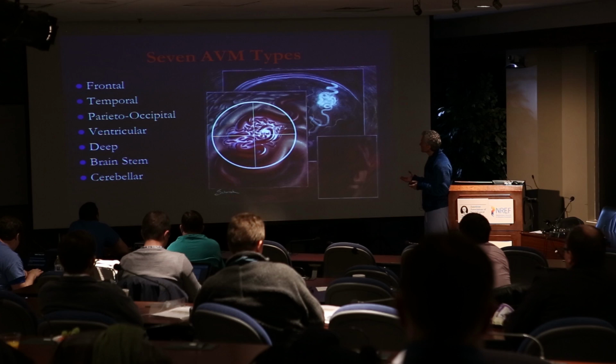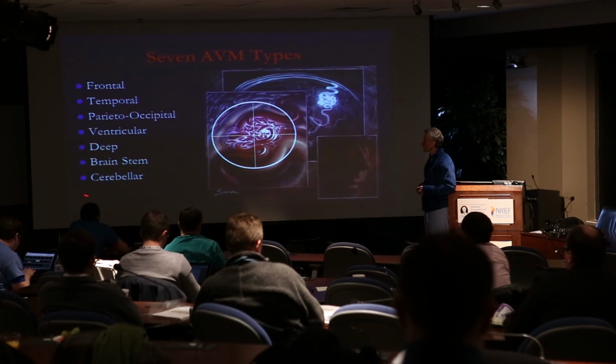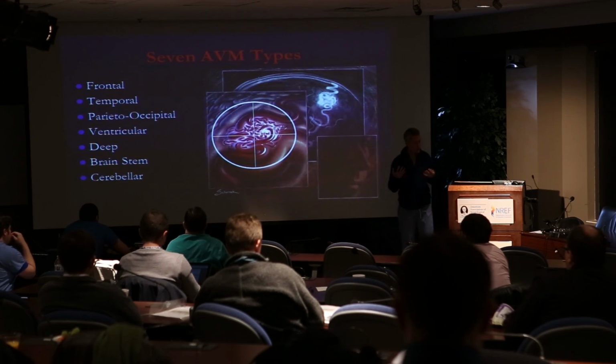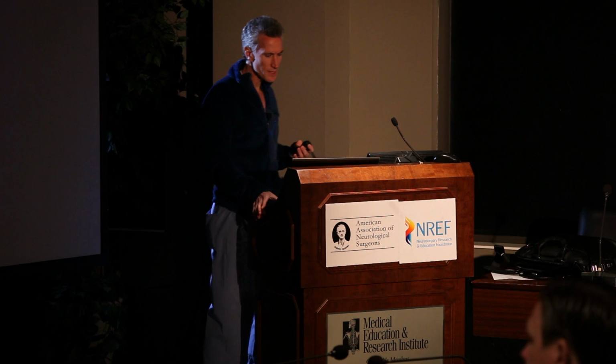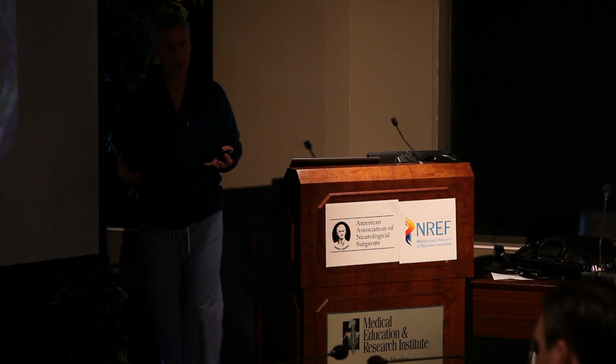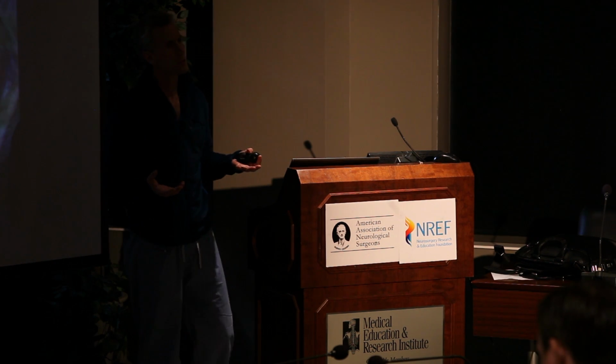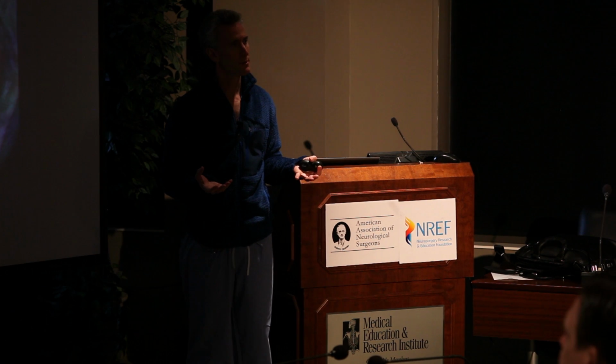So I've broken these down in my mind into 7 AVM types, and it's all regional, based on the lobar anatomy or ventricular, deep, brainstem, or cerebellar. So first off, if you just think about these 7 different regions of the brain, that's the place to begin. And then the next thing to think about is the subtype. And the subtype really is just about what surface does the AVM live on.